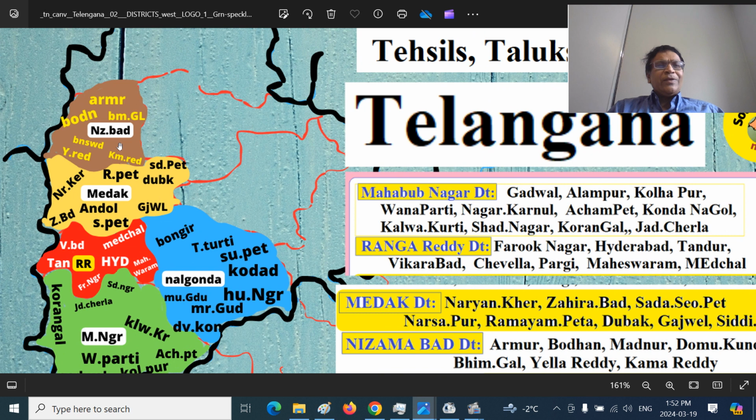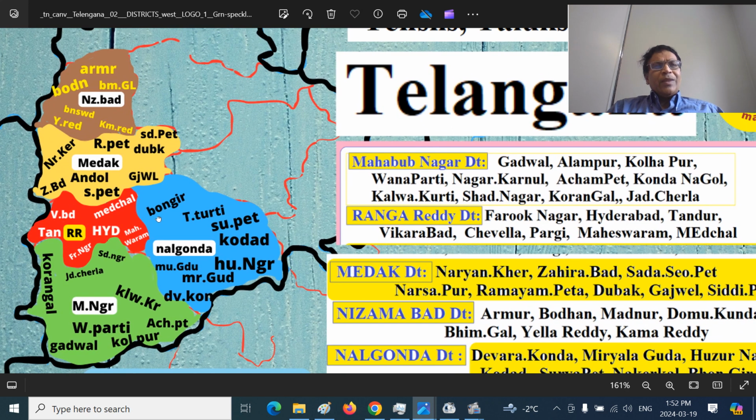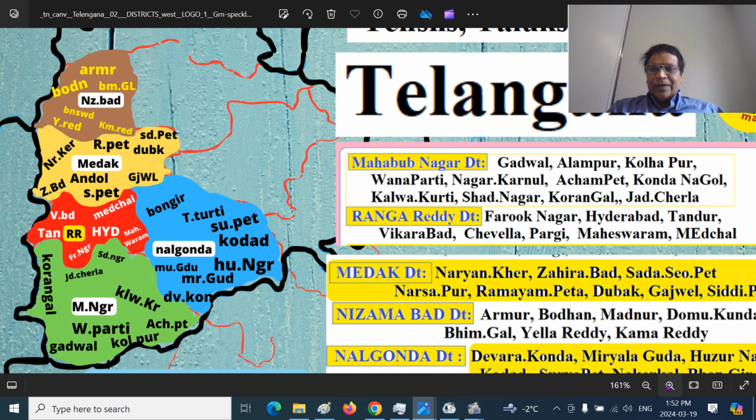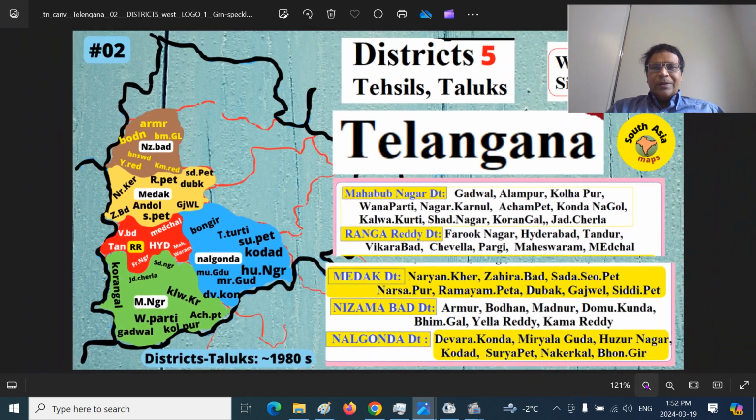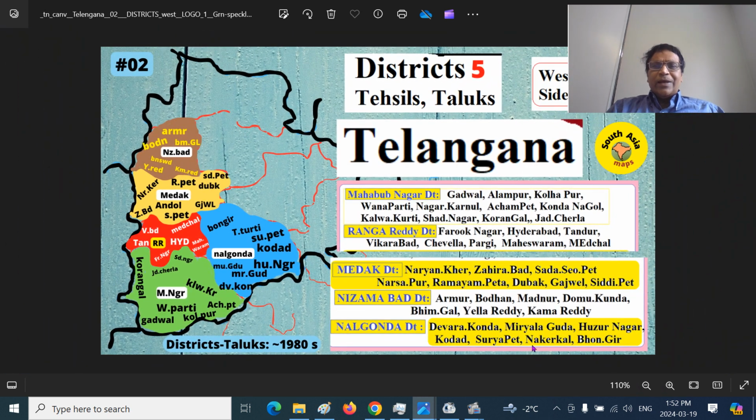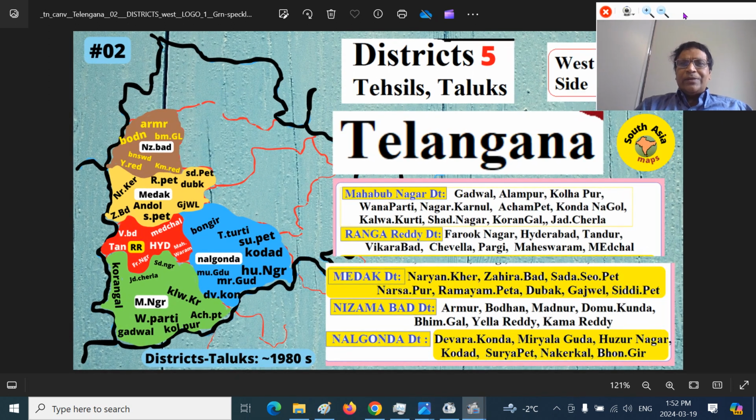Of course, Indur, Nizamabad is the district headquarters. The Yellareddy and Kamareddy and Banswada regions. So that is the Indur district, and that is the 5 districts, and here you can see all the taluks in one place.